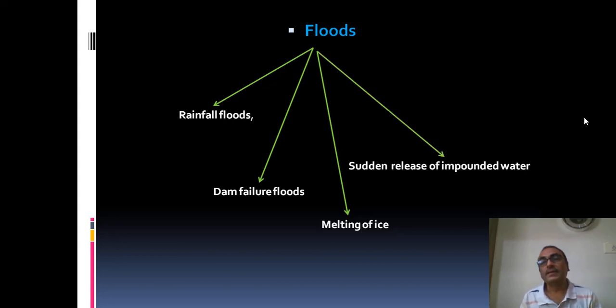And then the last one is sudden release of the impounded water. Impounded water is the water which is contained in the reservoirs and dams, and sometimes when the water level is reaching the danger level or maximum level which the dam can accommodate, then the dam authorities, the administrative officers, have to take a decision to release some of the water into the river, and sometimes sudden release of this impounded water may overflood the river and cause destruction to the nearby areas around the river.